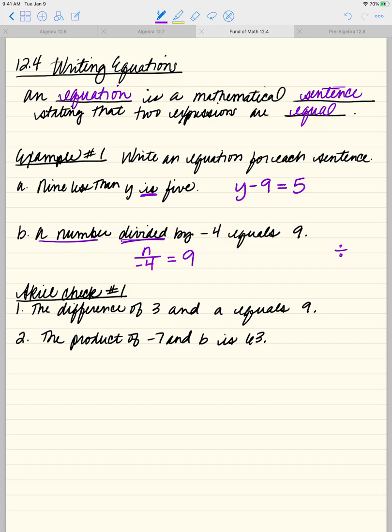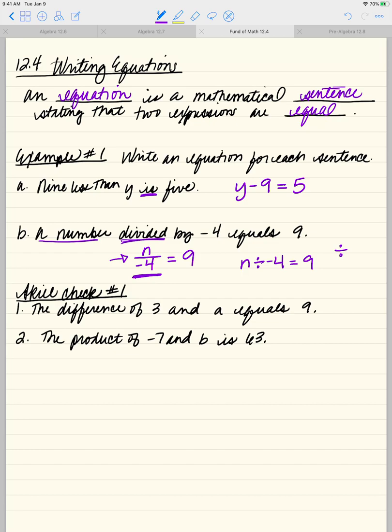Am I going to say that the other way is wrong? Absolutely not. That is completely correct, and if you write it like that, that's fine. But I would encourage you to start doing it this way, because that's how you're going to see it more and more frequently as you keep going in math. Okay. All right, moving on.